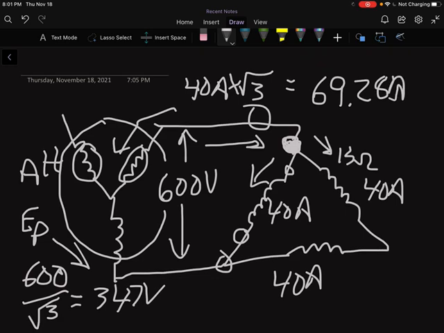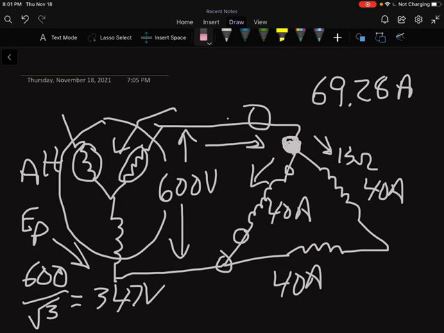So line 1, 2, and 3 would all see 69.28 amps.